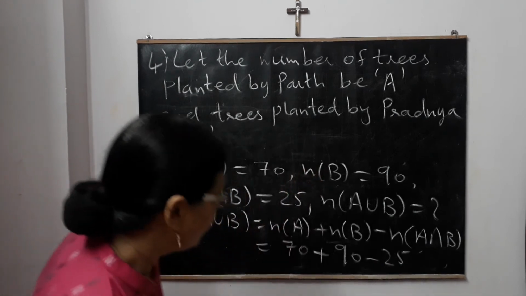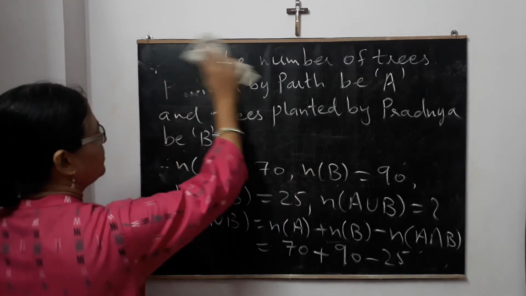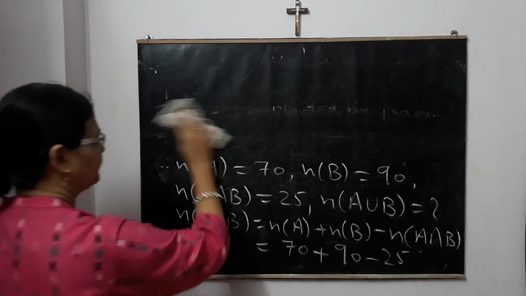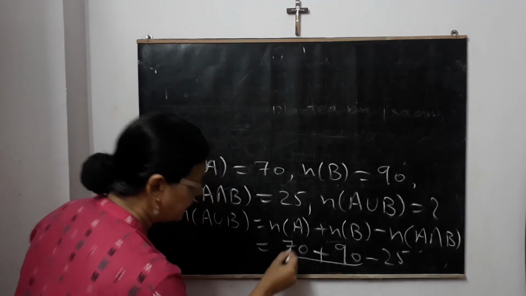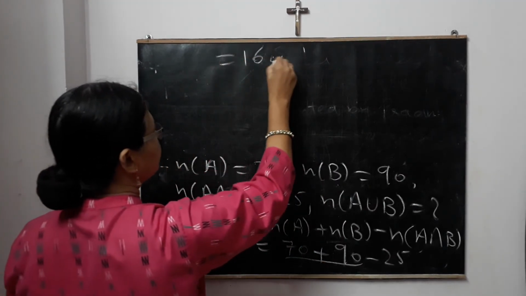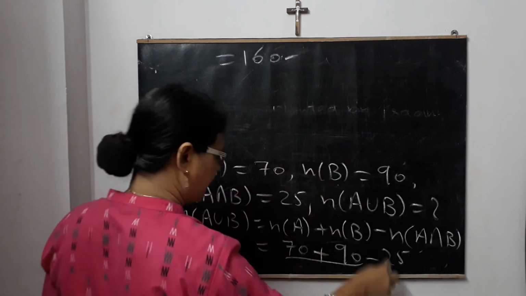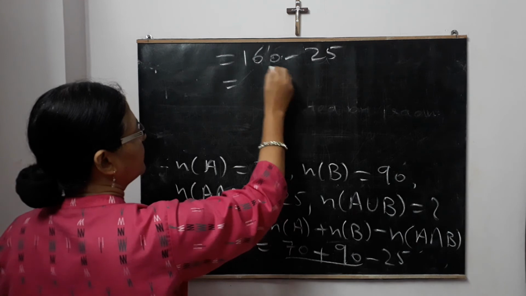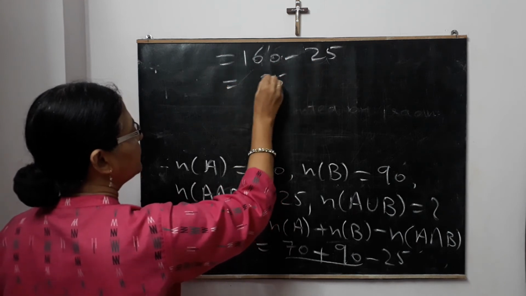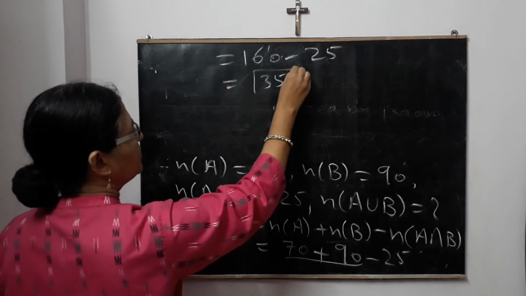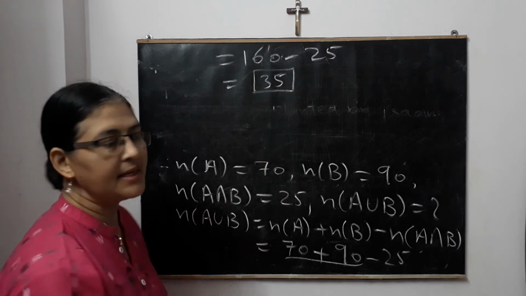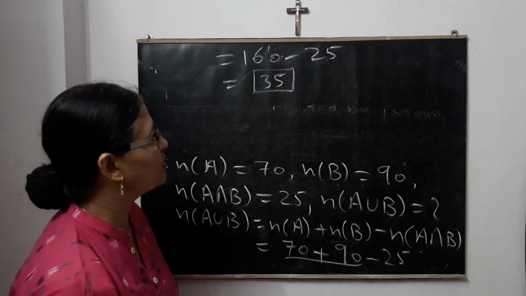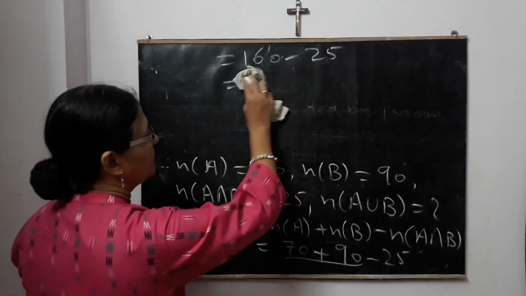Work out what you will get. 70 plus 90, add the 70 and 90, that is equal to 160. Minus 25. Work out, subtract. 160 minus 25 is equal to 135.